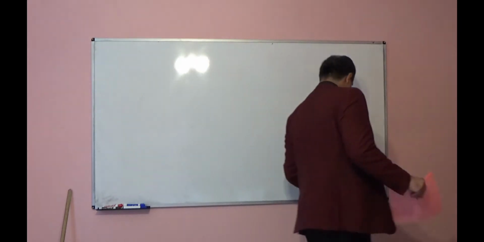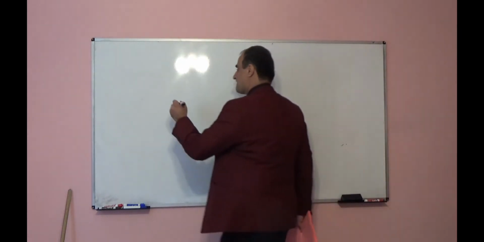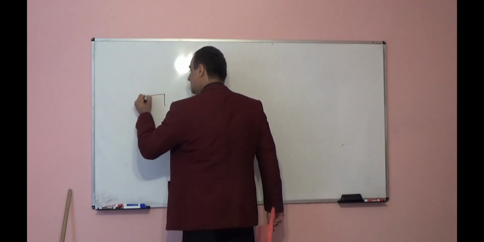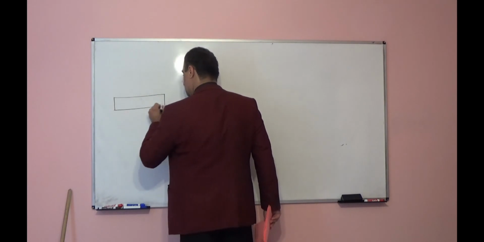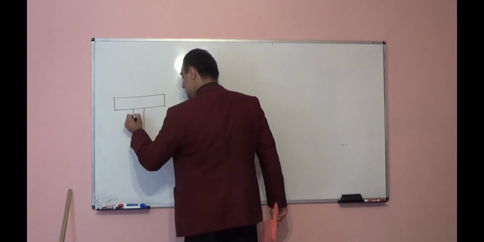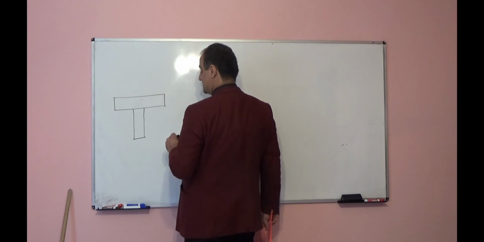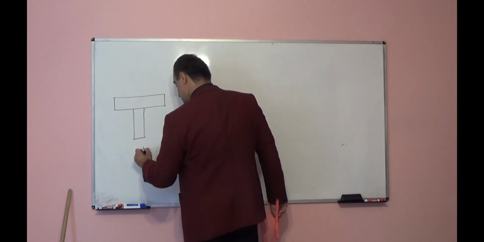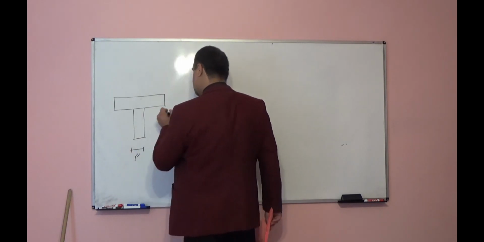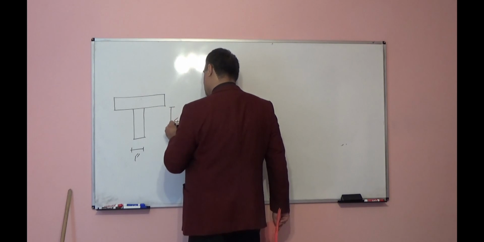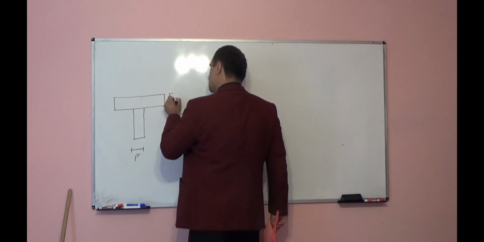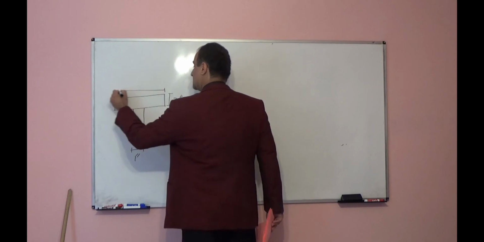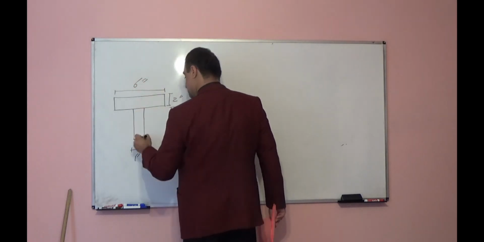For example, I have a section like this, a T section, with dimensions 1 inch, 4 inch, 2 inch, 6 inch.